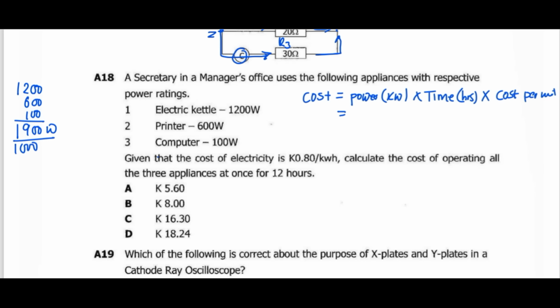So 1900 divided by 1000 will give us 1.9, times the time, which is given as 12 hours. Then the cost is also given, 0.80. So let's do 1.9 times 12 times 0.80. I'm getting 18.24 as the cost. So our answer here is just D.